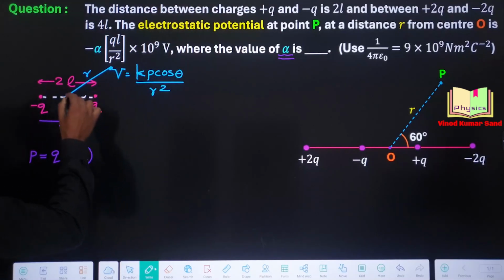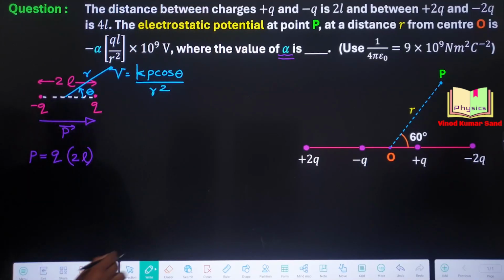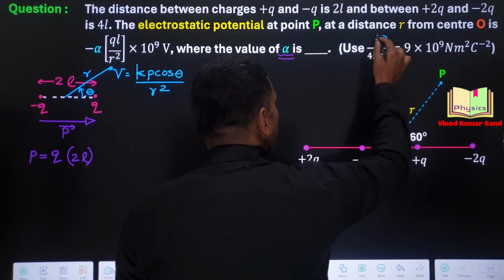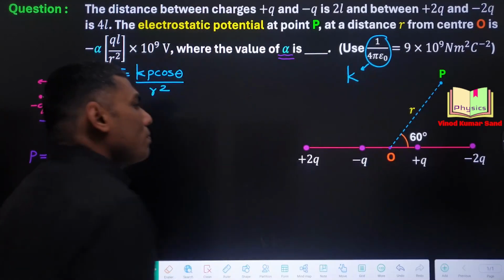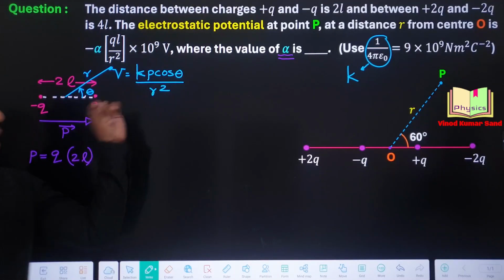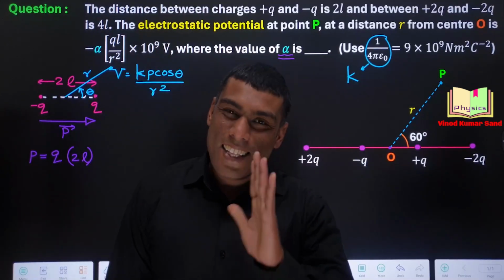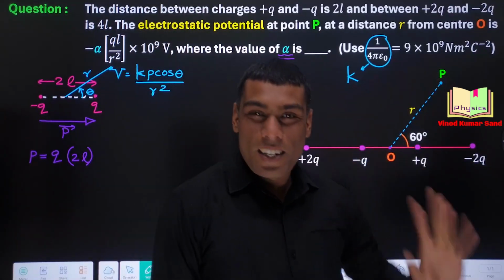And here theta is measured like this. This angle is theta. And k is written as small k.